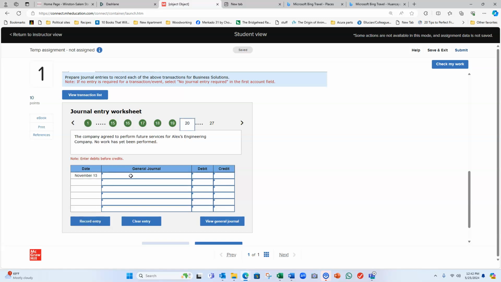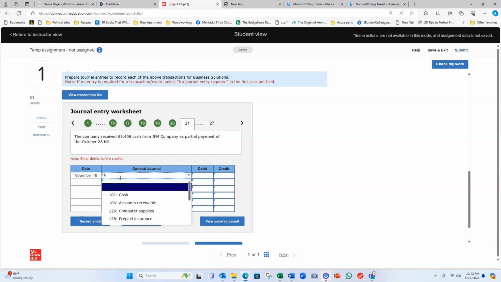They agreed to perform future services for Alex Engineering. No work's been performed, so this is not a transaction. We've agreed to do a transaction, but we haven't recorded a transaction yet. Company received $3,408 in cash as partial payment on an October 28th bill, so that's going to be cash. And if you want to look at October the 28th, let's see if we can find it here.